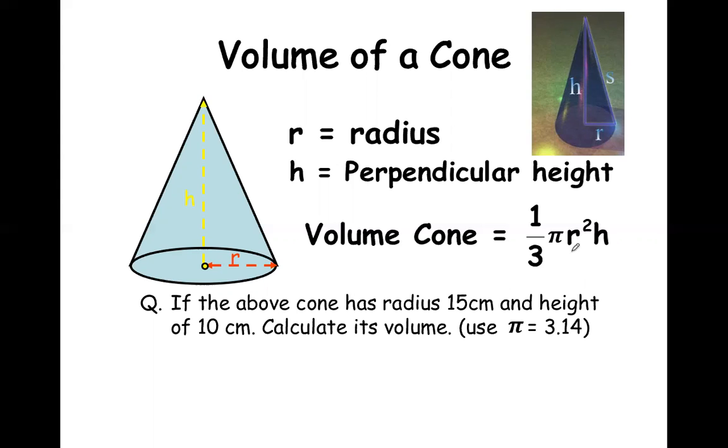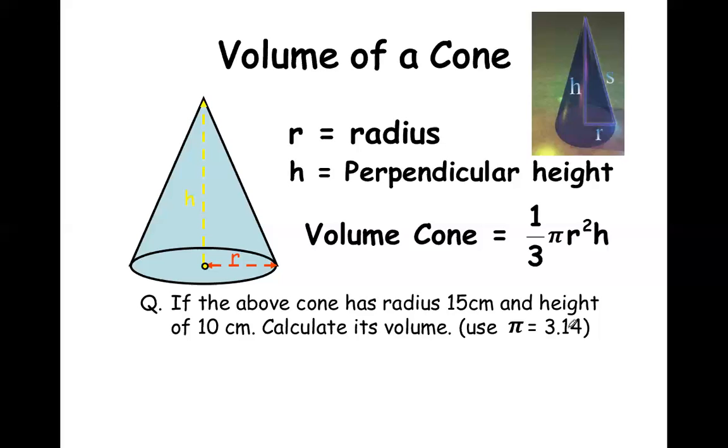If you do 15 divided by 3, what do you get? 5. So 5 times 15. You can do 5 times 3.14, for example. So 50 plus 25, so 75. 75 times 3.14.